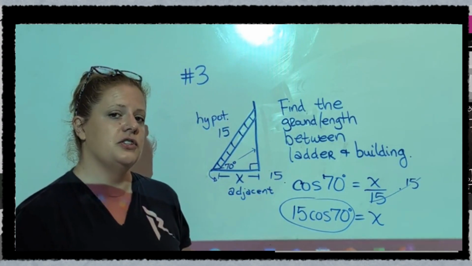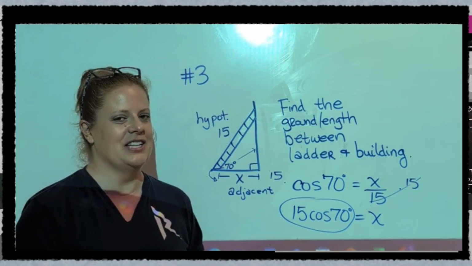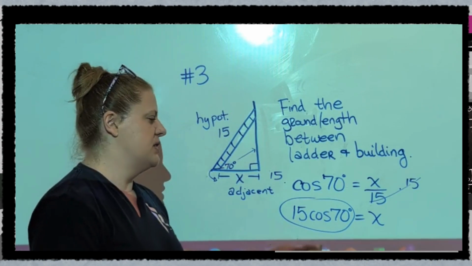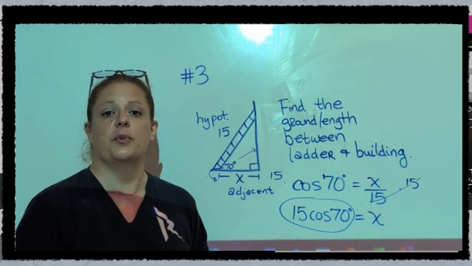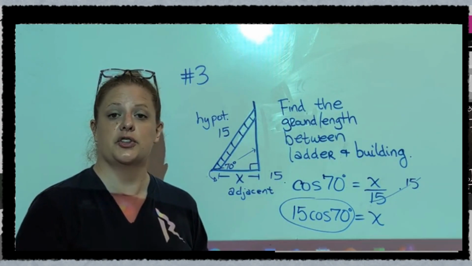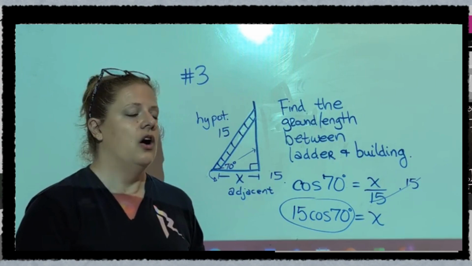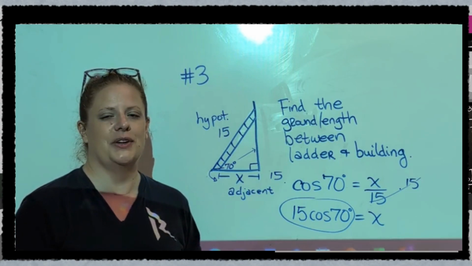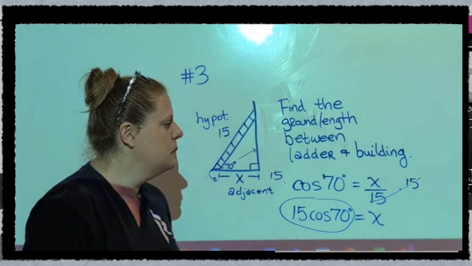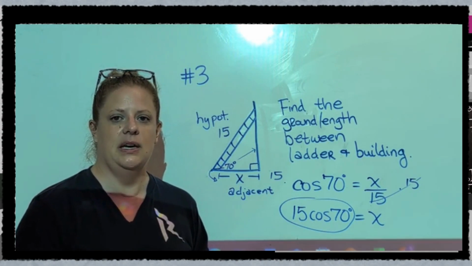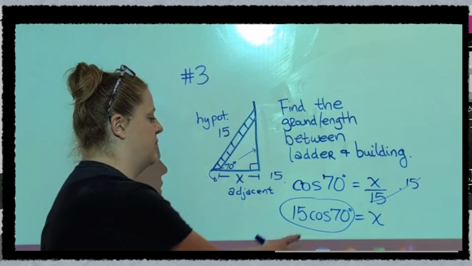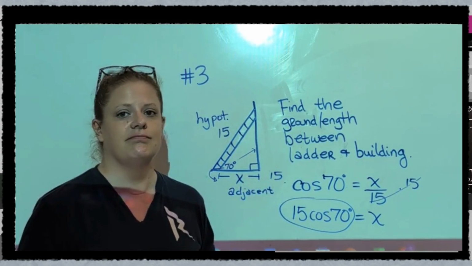Now you're not used to having an answer that looks like this that has cosine in it, but this is your answer. In the future, we'll look into how to put that into a calculator and get an actual length measurement. But for your purposes on the EOC and for this assignment, you will leave it just like that.